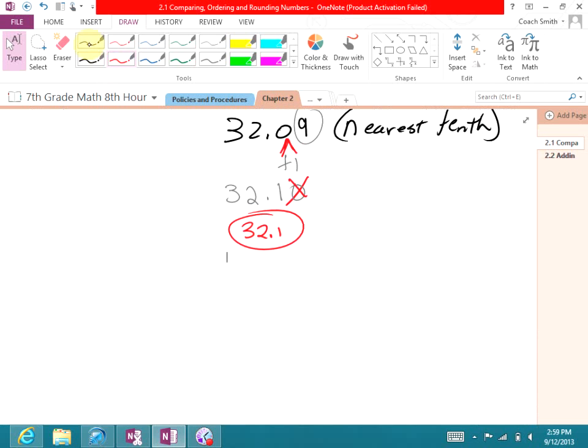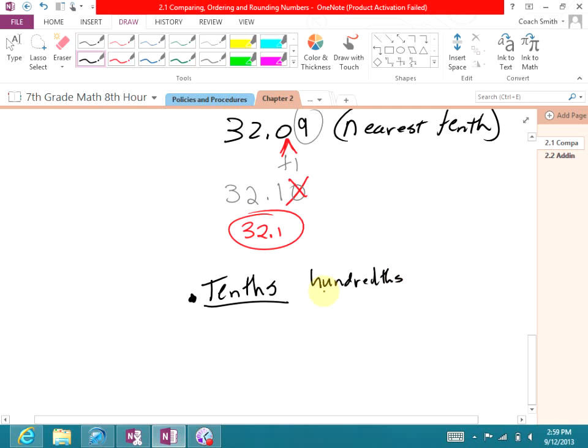Okay, now real quickly, let's make sure we remember our place values on the right side of the decimal. You have tenths, then you have hundredths, thousandths, okay, and then next is 10,000ths, then 100,000ths.